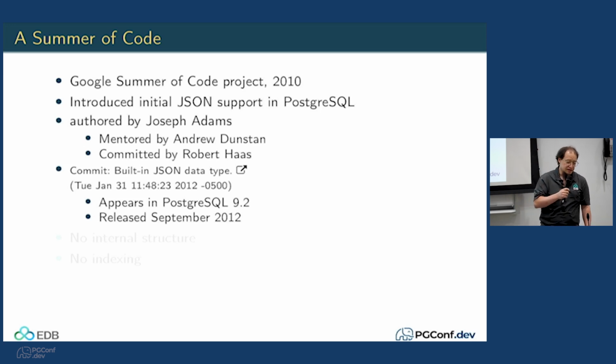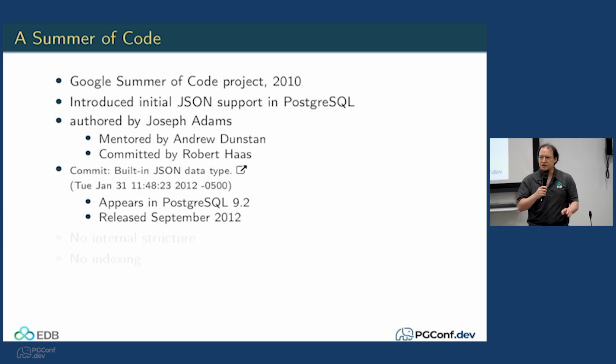This was very early in the time. I think no relational database had JSON support back then. I think Oracle got JSON support two years later, and SQL Server 4 years later, or something like that.